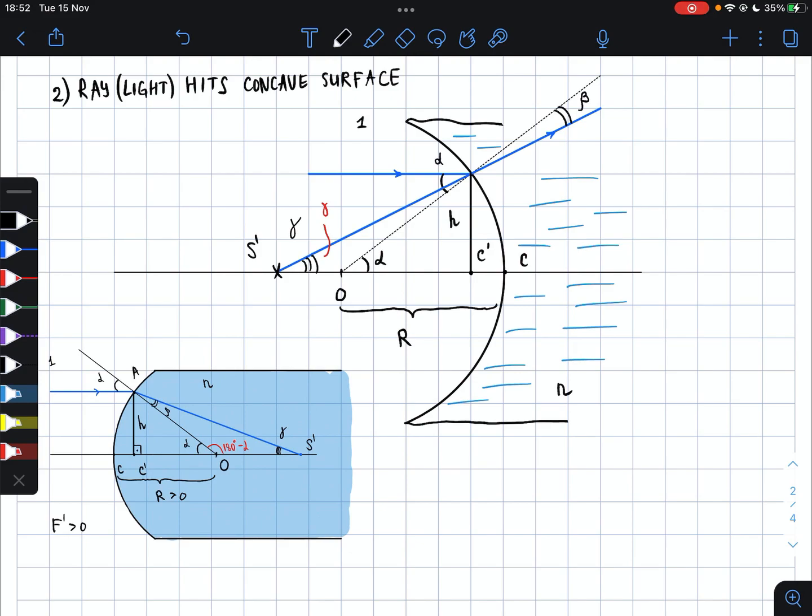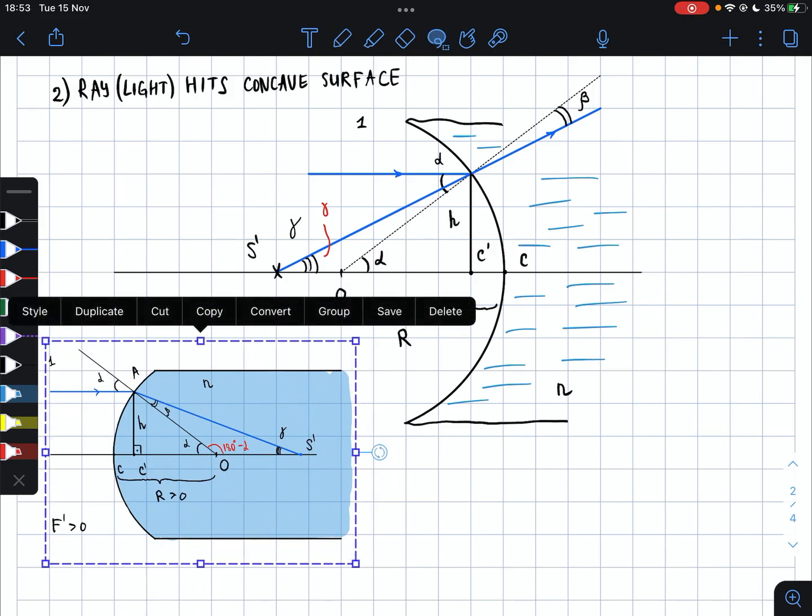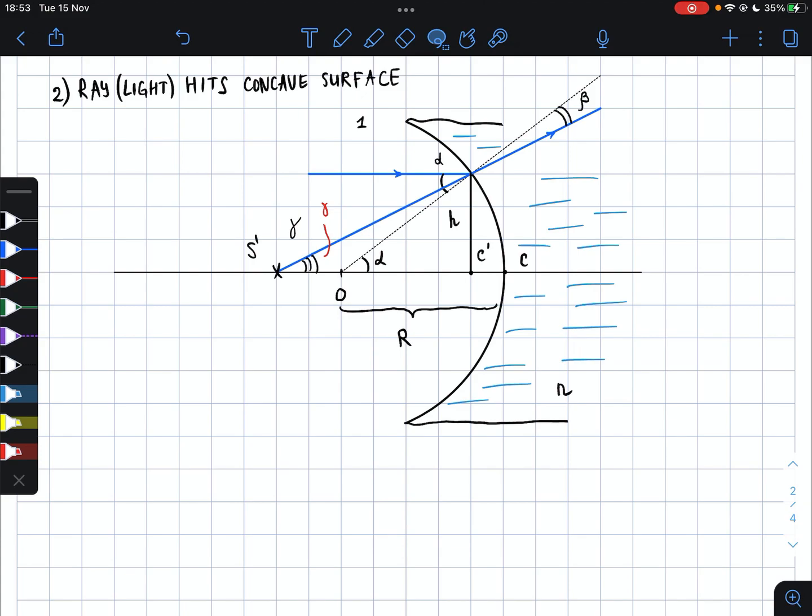So you may ask how we can distinguish our surfaces if light hits convex or concave. Let's agree on one condition.